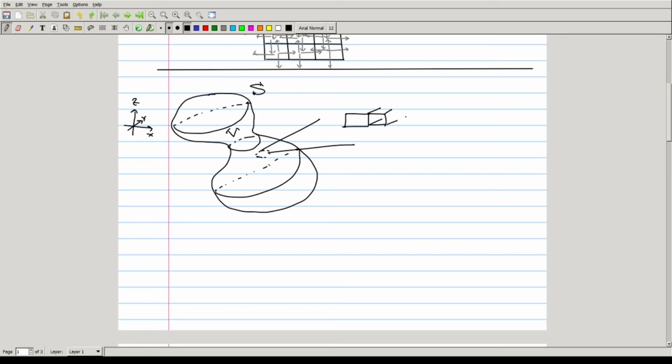And as these cubes get smaller and smaller, we arrive at the triple integral.